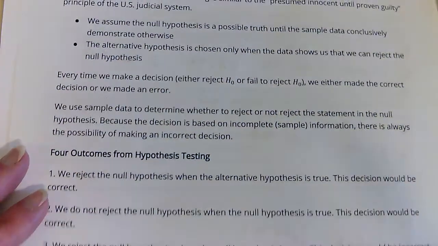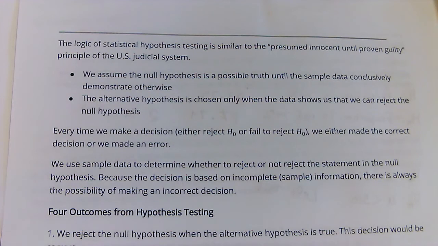Now, the logic of statistical hypothesis testing, I think of it as they're presumed innocent until proven guilty. We're assuming that nothing has changed until the data proves it's changed. We assume that they're innocent until the data proves they're guilty. The alternative hypothesis is chosen only when the data proves that we reject the null hypothesis.